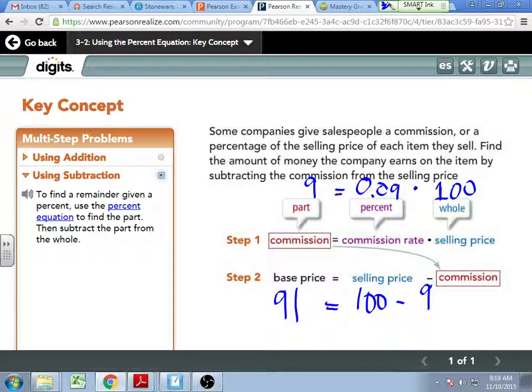That doesn't mean that's what they paid for it. It means that's how much money the store will get, not profit, just what they'll get. Since I got $9, the store got $91. Because I got my commission, the store got their cut. But you, the consumer, only paid $100. Kind of makes sense? It'll make more sense as we do more of it.